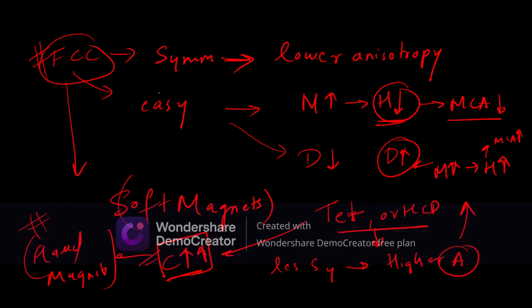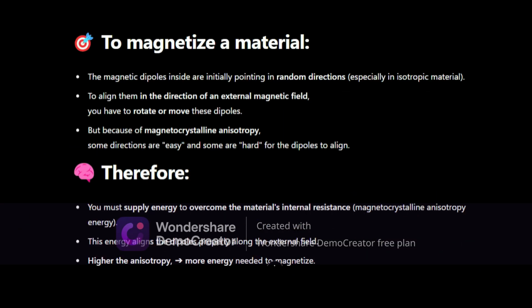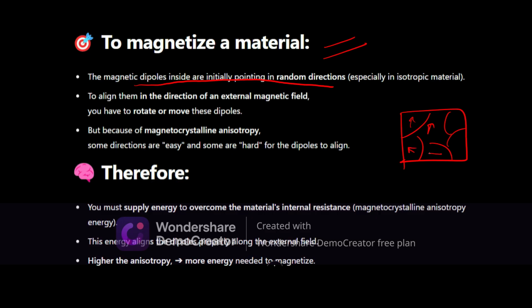This is what I was explaining on this slide, and these are some points I have written here. To magnetize the material, the magnetic dipoles inside are initially pointing in random directions. For example, this is our material, these are the grain boundaries, and these are dipoles, oriented in random directions.